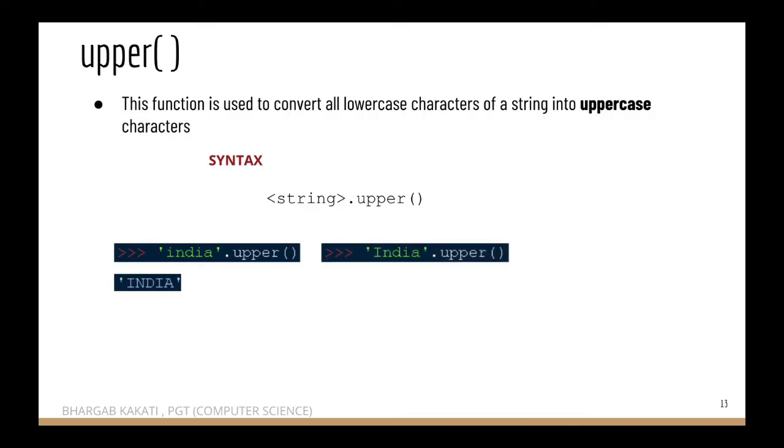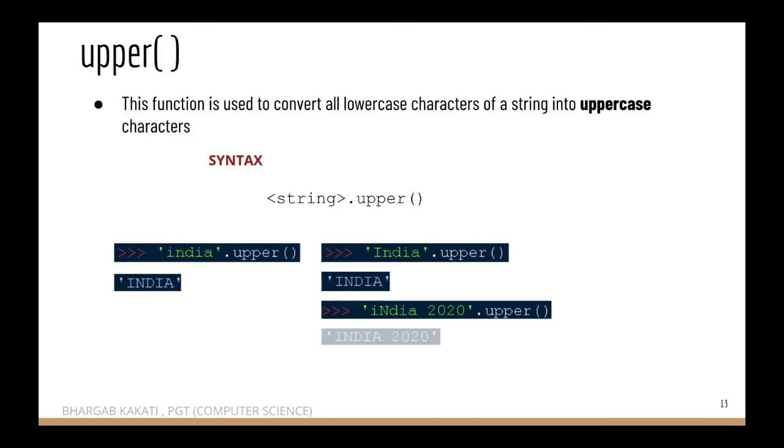If I give India dot upper, where the first character is in upper, others are in lower, here as I give the upper function, everything will be converted into uppercase characters. India 2020 is a mixture of uppercase and lowercase characters. So whatever is in lowercase, it will be converted into uppercase characters. Alright. So as you can see here, INDIA 2020 is the answer here.